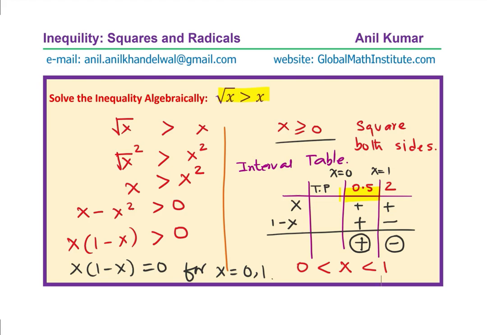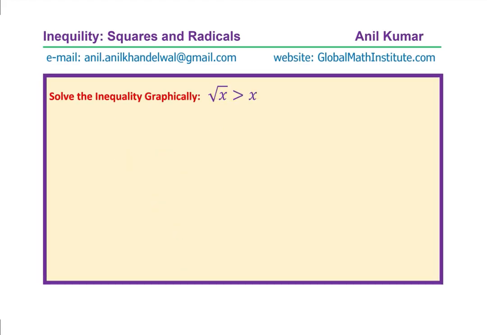Now here is another solution to the same question, which is square root x greater than x. In this case, we are going to solve the inequality graphically. Well, you can sketch the graph of the function x and square root x. If you do so, you will observe that we are also looking at x values which are greater than or equal to 0, since that is where square root x is defined for the real numbers.